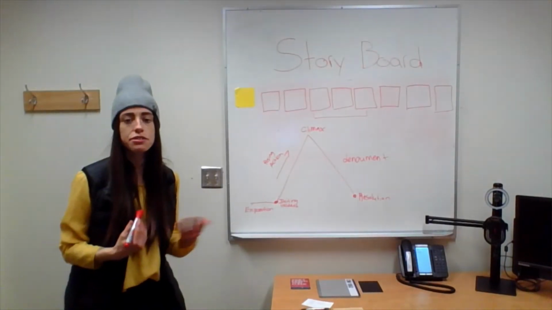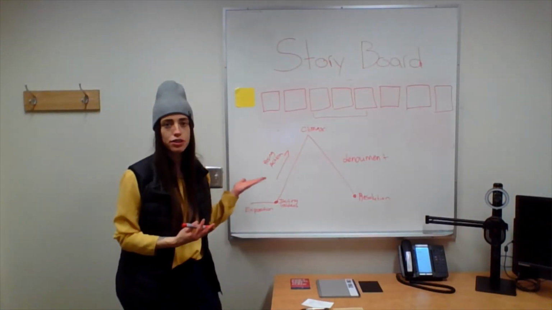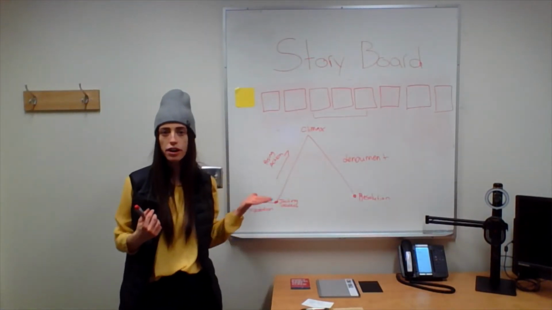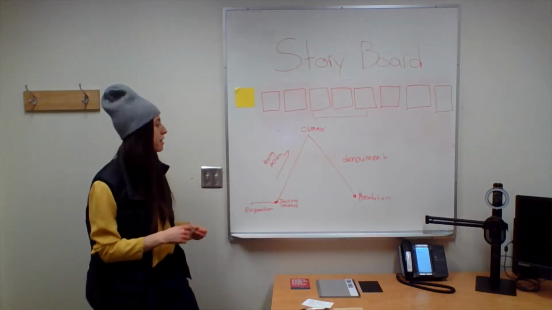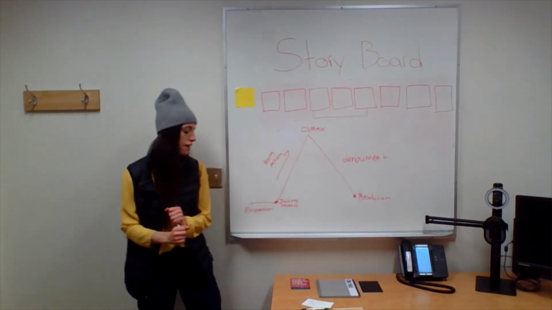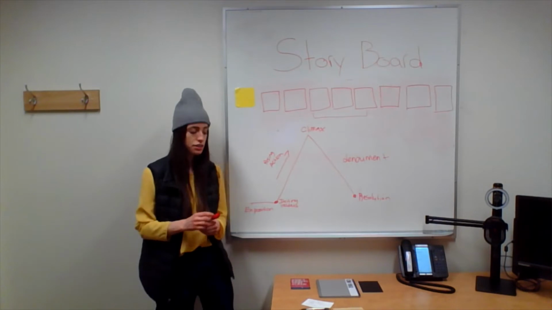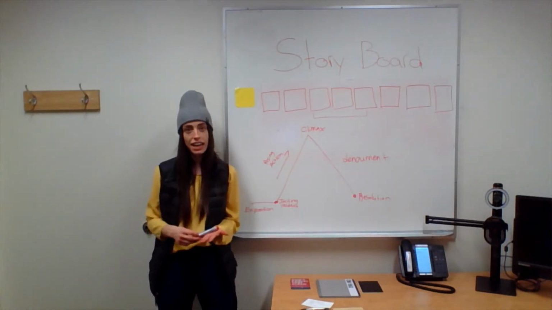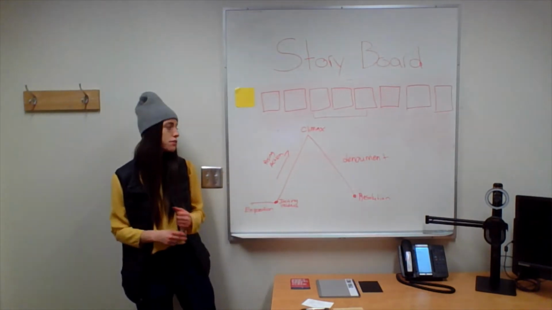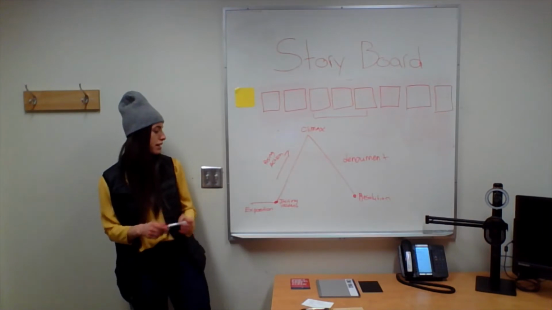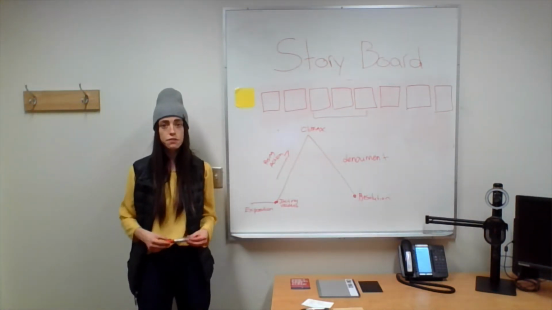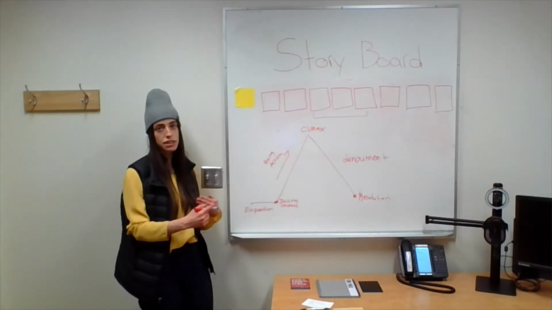Okay, so as you can see, the storyboard strategy looks a little bit more advanced. This is because I've added in what is called the Freytag's pyramid. The Freytag's pyramid describes, first of all, how a story progresses.